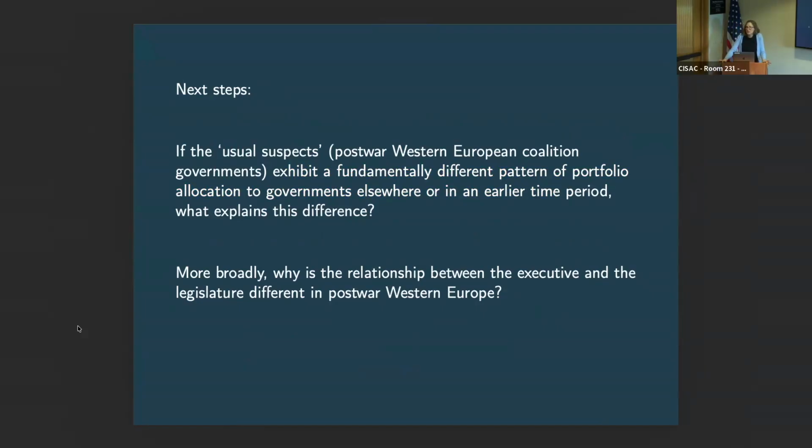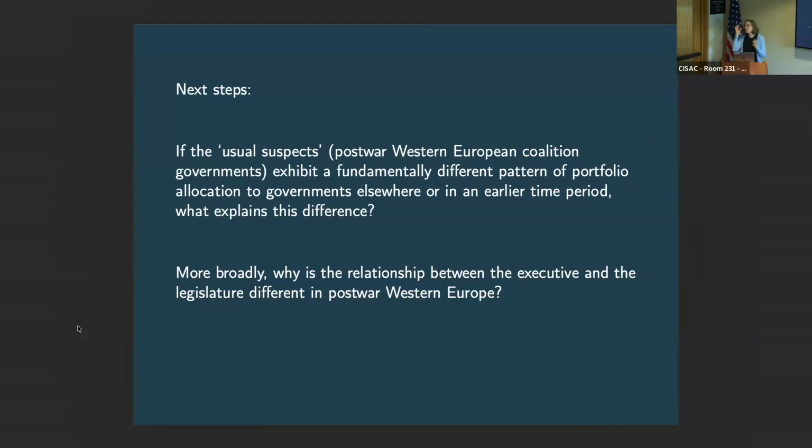You could imagine various reasons why Western Europe looks different to other regions, or post-war looks different to other time periods. For example, maybe the party systems are more consolidated. Maybe the parties and the legislatures are more institutionalized.